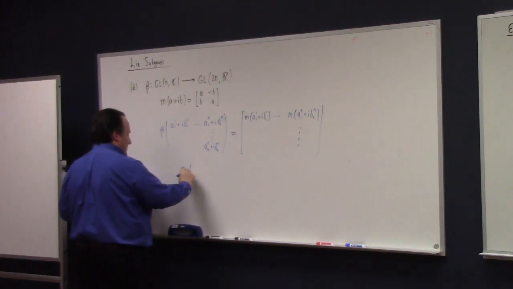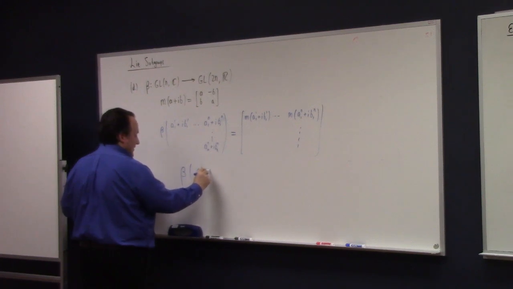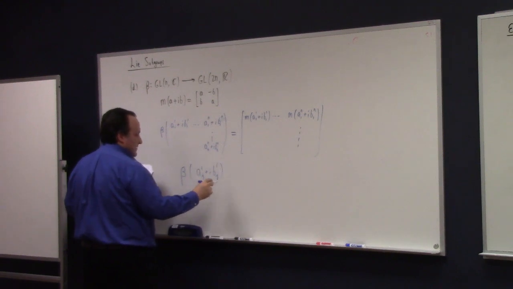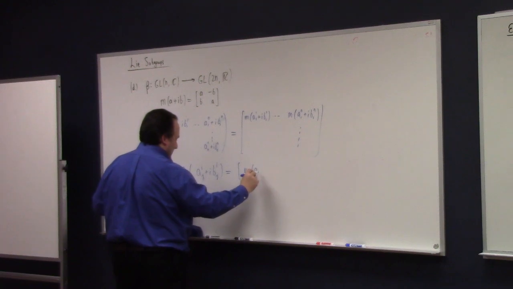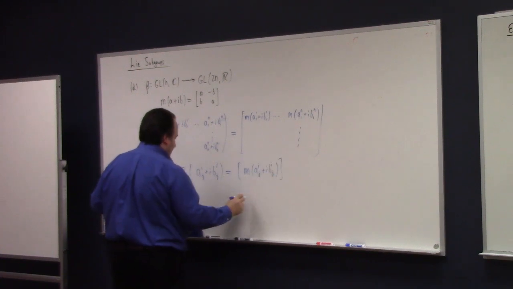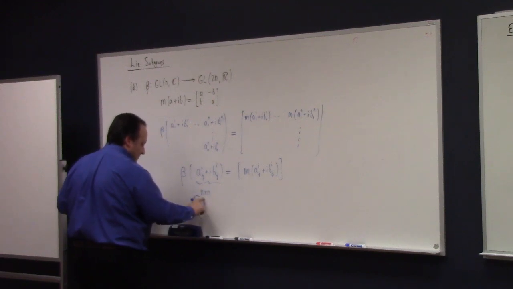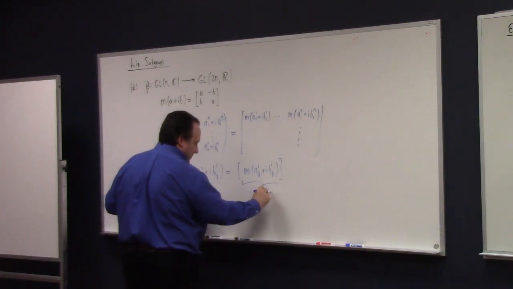This mapping beta maps the entry Aij plus iBij, no danger of confusion for the i and the i, to the matrix M of Aij plus iBij. So this is n by n, it's in C n by n, and this right here is in R 2n by 2n.